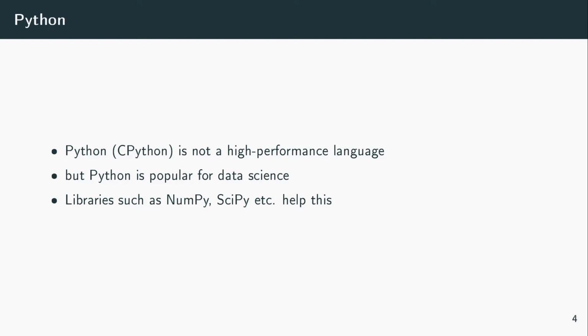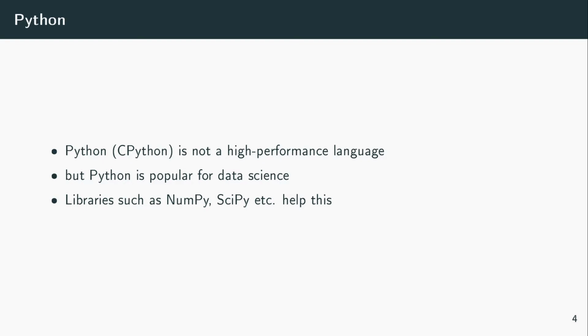So how do we reconcile this? Data scientists and numerical programmers don't use the Python interpreter so much. They use libraries such as NumPy, SciPy, TensorFlow, and so on, which are all implemented in native code, and often in Fortran, and that allows them to combine the familiarity and easy use of Python with these high performance libraries.